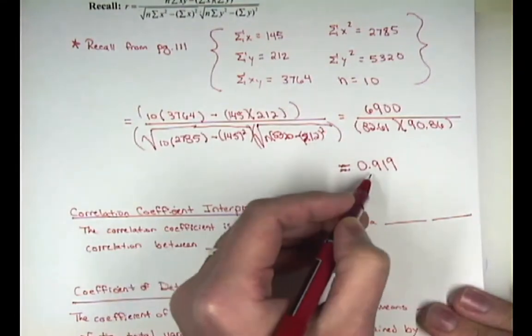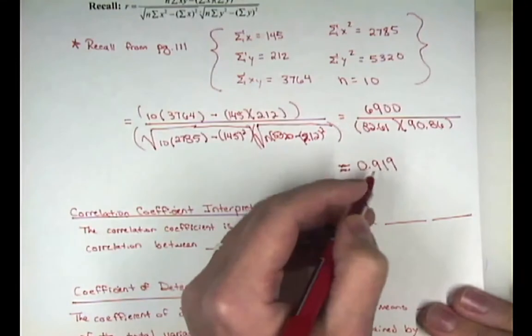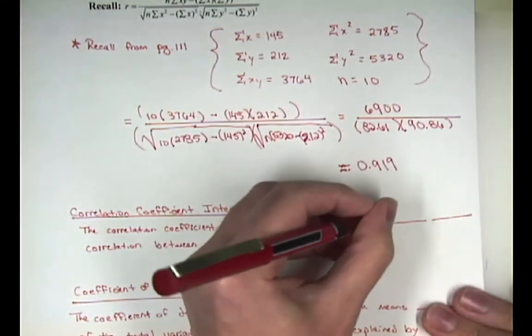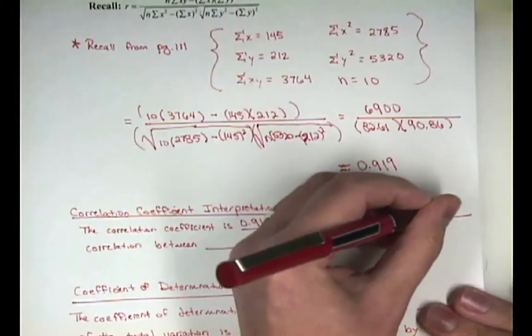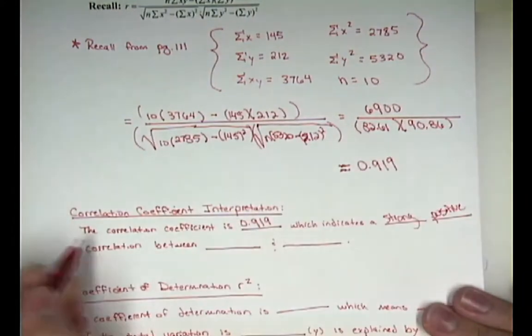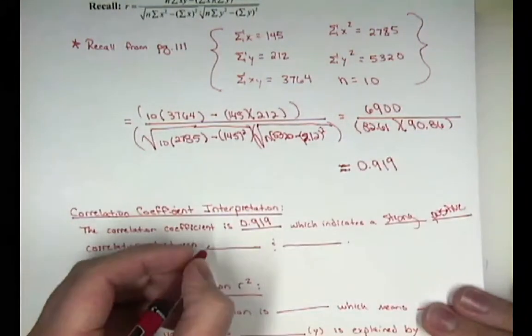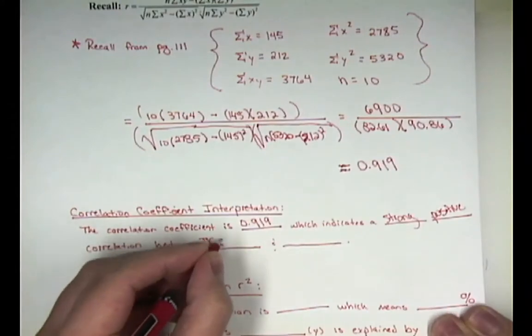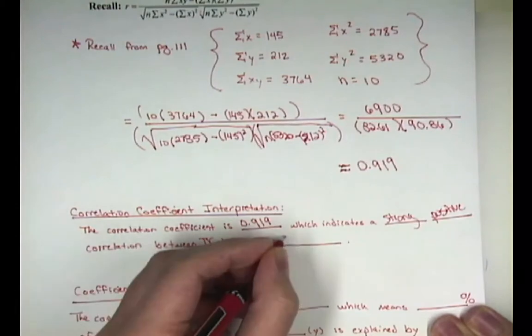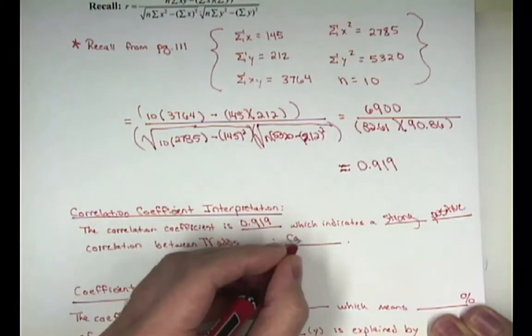And is it close to 1 or close to 0? This is pretty close to 1, which indicates strong. So I'm going to say strong, positive correlation between your x variable, which is TV ads, and your y variable, which is cars sold.